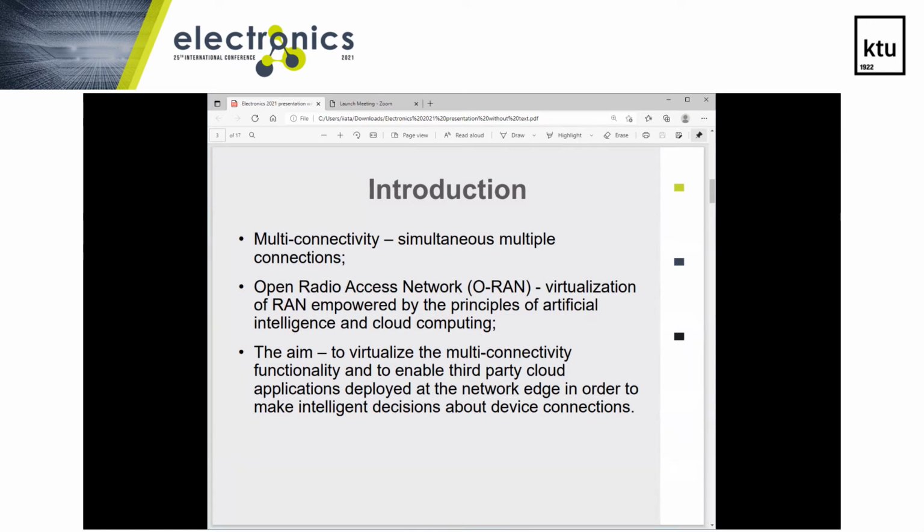While Open Radio Access Network focuses on use cases and deployment scenarios, we propose an approach to virtualize the multi-connectivity functionality and to enable third-party cloud applications deployed at the network edge in order to make intelligent decisions about device connections.